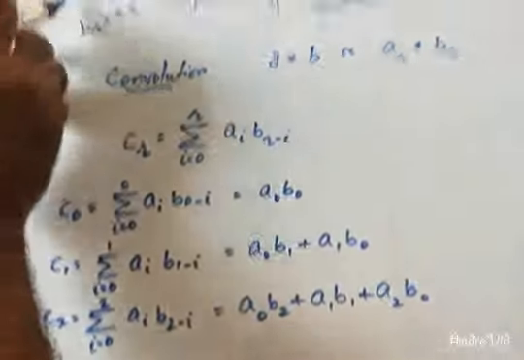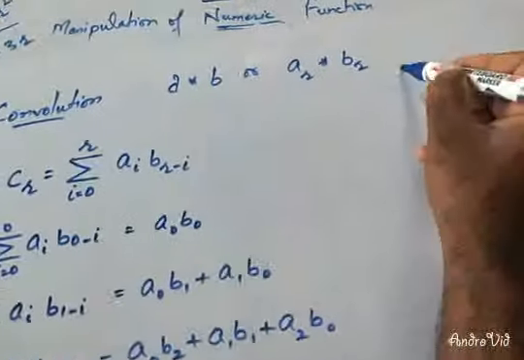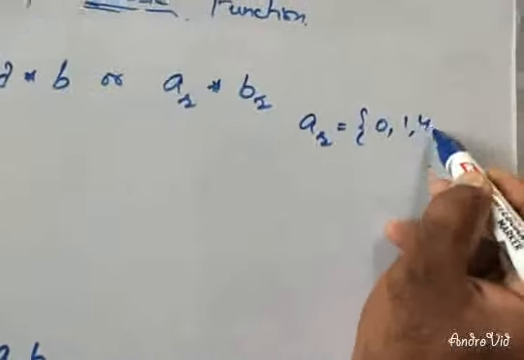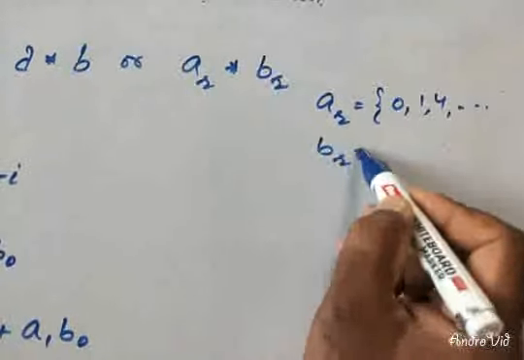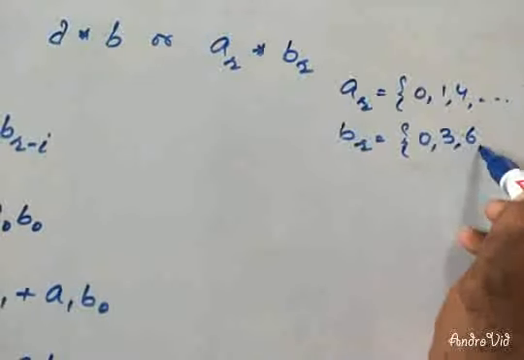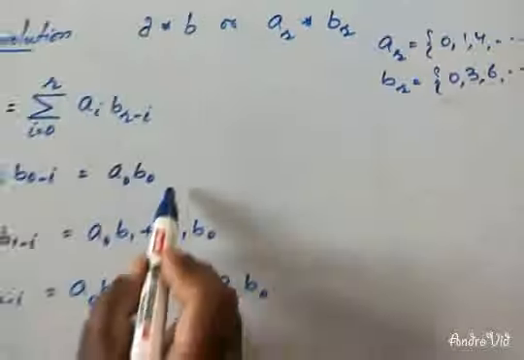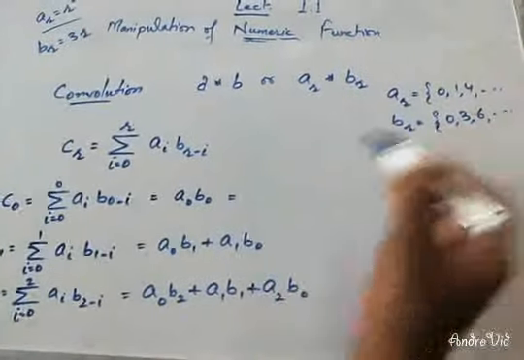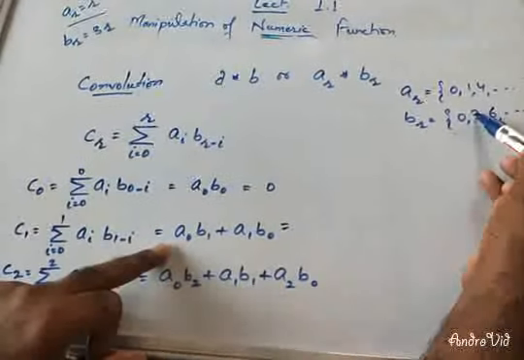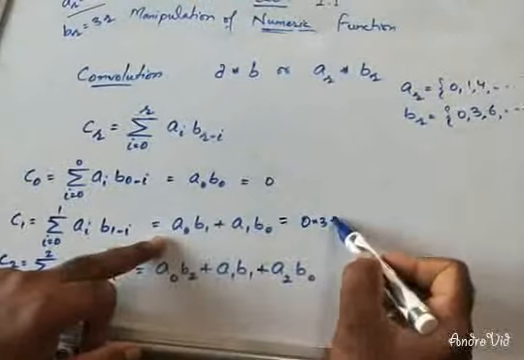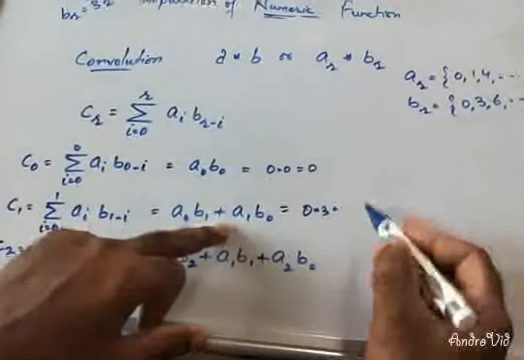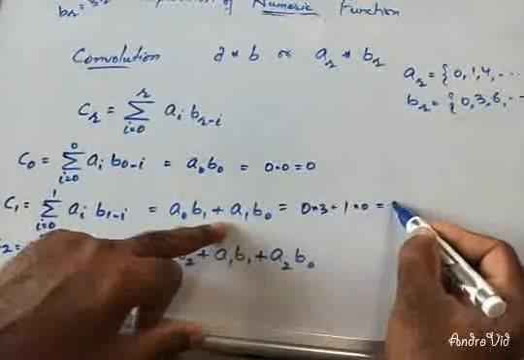So if AR is R square and BR is 3R, we are clear that AR will have values 0, 1, 4 and so on, and BR will have values 0, 3, 6 and so on. So C0 will be A0 B0, that means 0 times 0, which is 0. C1 will be A0 B1, 0 times 3, plus A1 B0, 1 times 0, which is again 0.